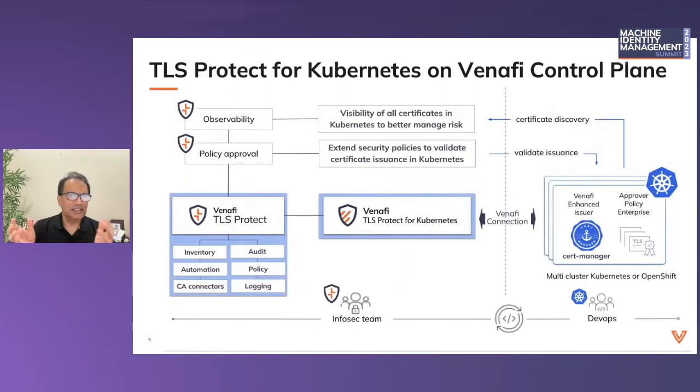As you see here, there is the Venafi TLS Protect. You have the Venafi TLS Protect for Kubernetes. There is the InfoSec team. There's a platform team that is operating and running the Venafi environments, connecting to the Venafi environments, whether they are running in a specific Kubernetes environment, a managed Kubernetes environment, or OpenShift. They have the ability to use the Venafi enhanced connection capabilities that will provide secretless authentication into your Venafi platform from the cluster.